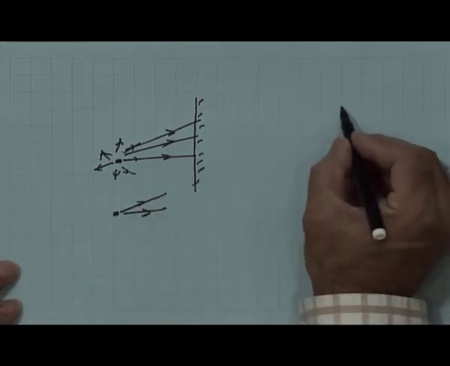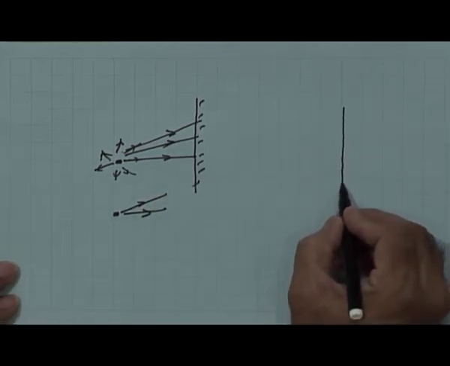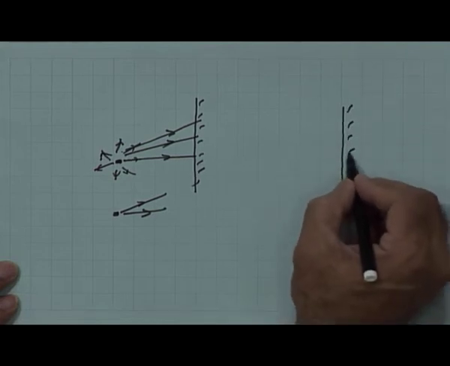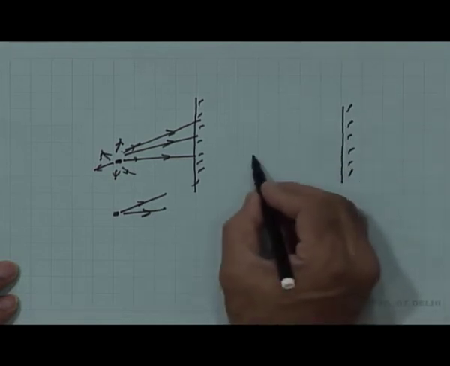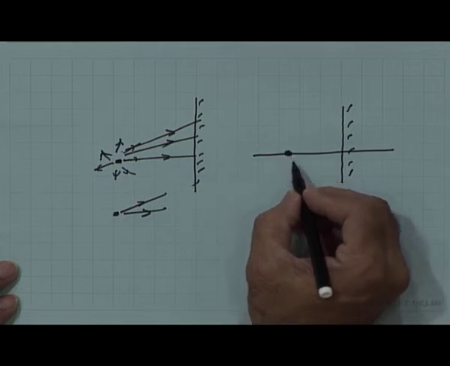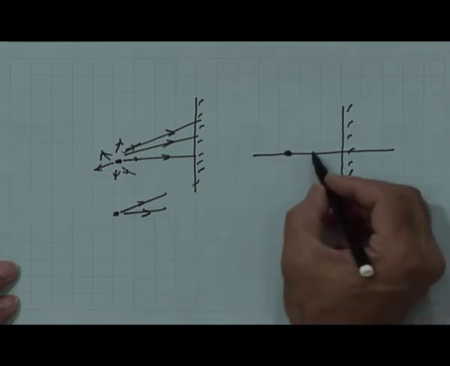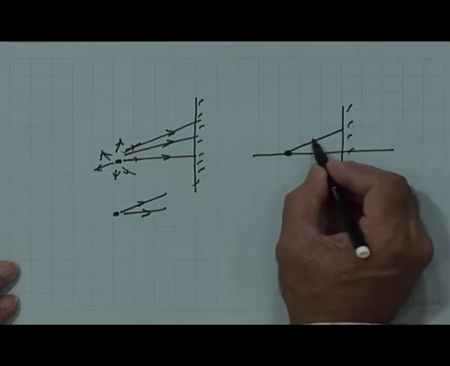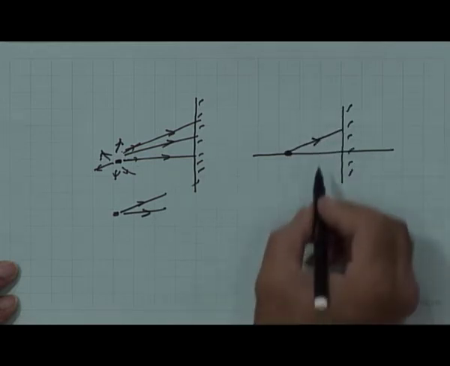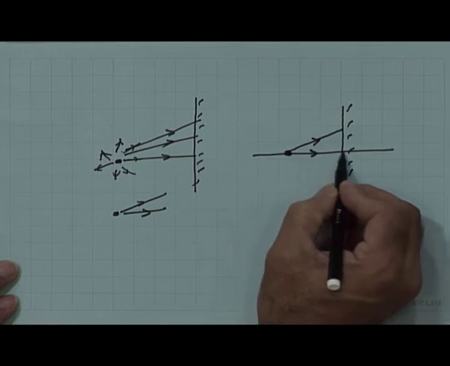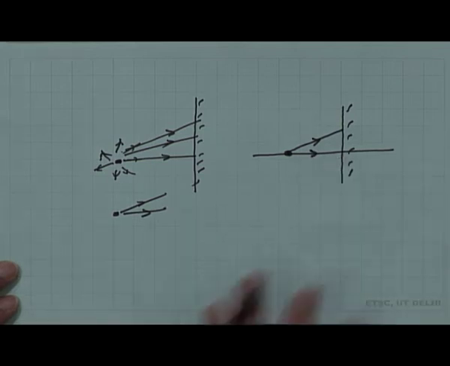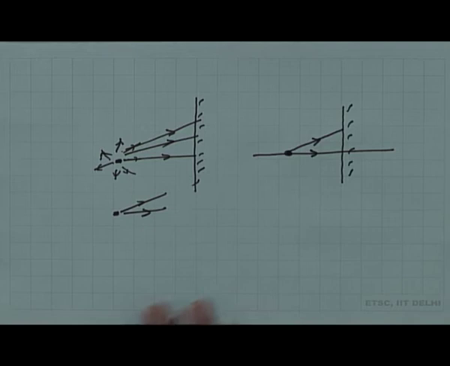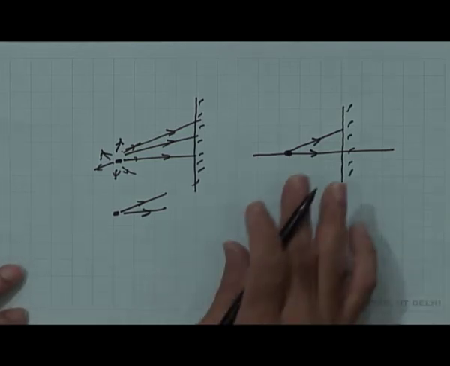First, we take a plane mirror, and then we will go over to spherical mirrors. We look at a point which is sitting here and consider just one ray which is coming at an angle and a ray which is incident normally, and then we use the basic rules which we are aware of.